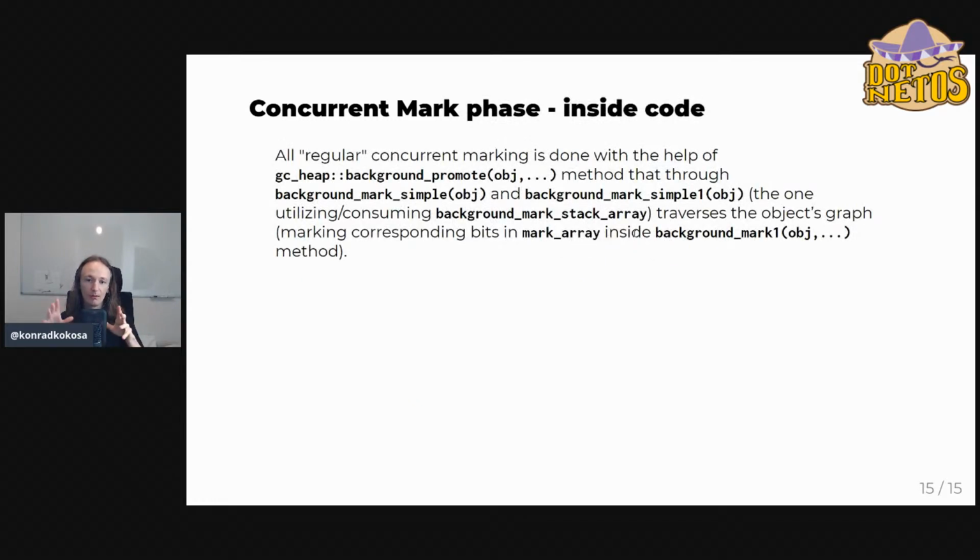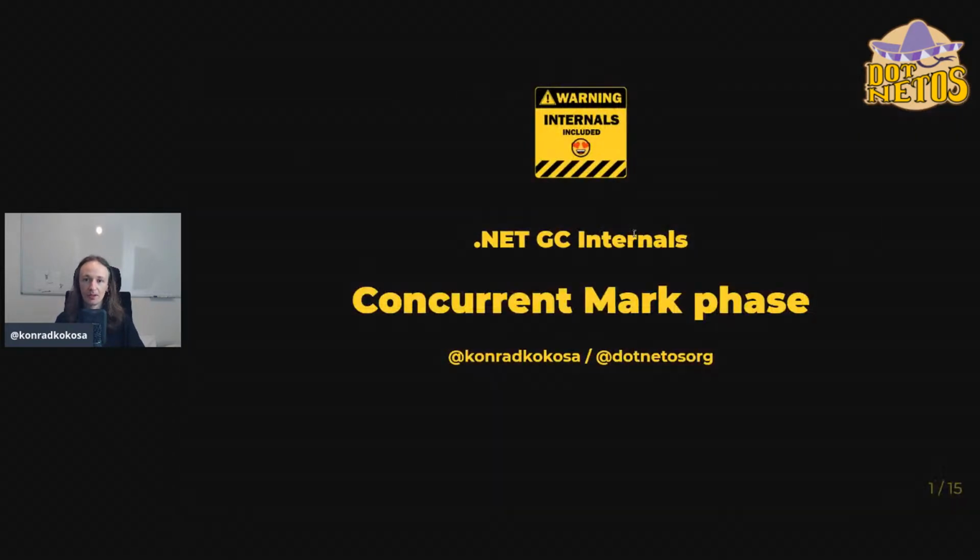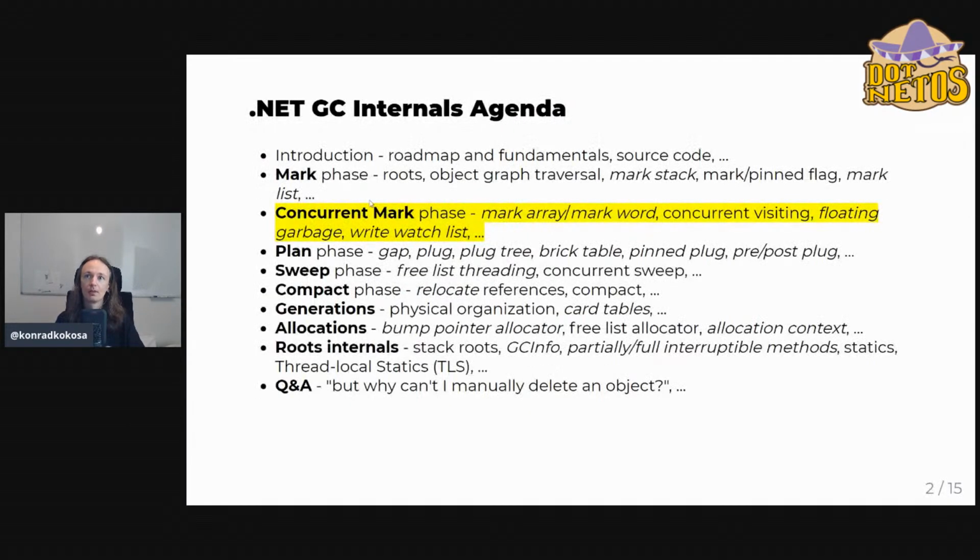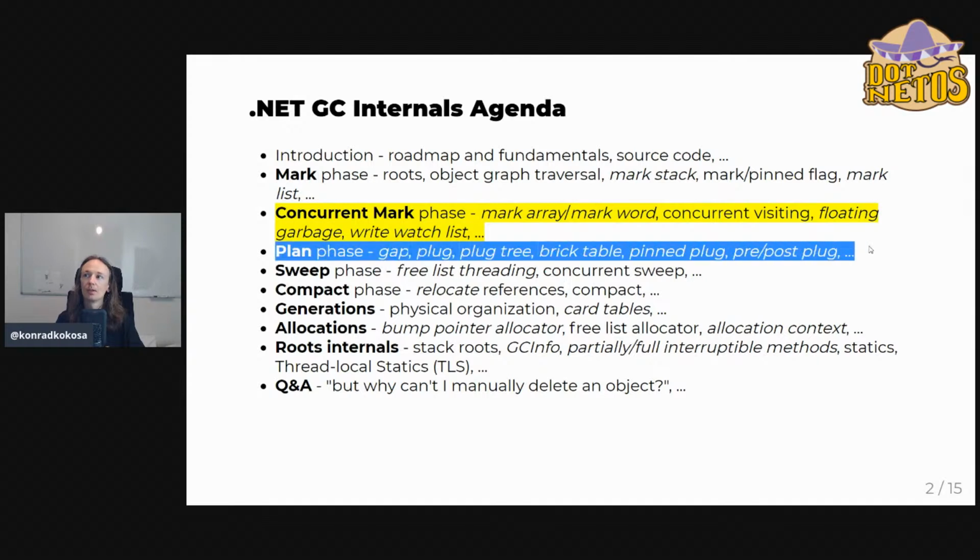It was our very first contact with concurrency in the context of the .NET GC, how it is able to do things while the application is running. If you don't have any more questions, then let's not delay things too long. Next time we will be covering the plan phase. Super interesting.